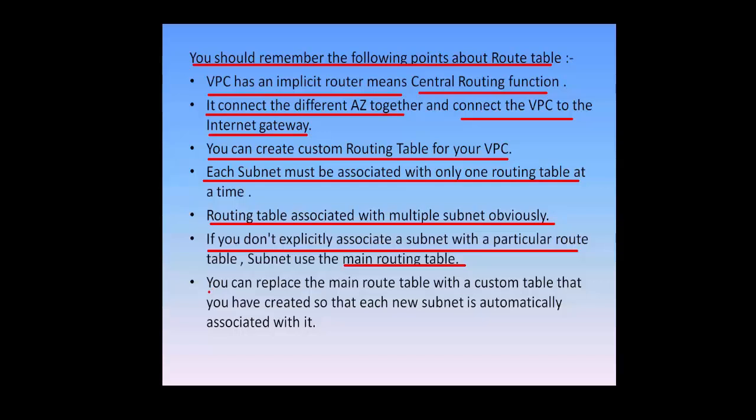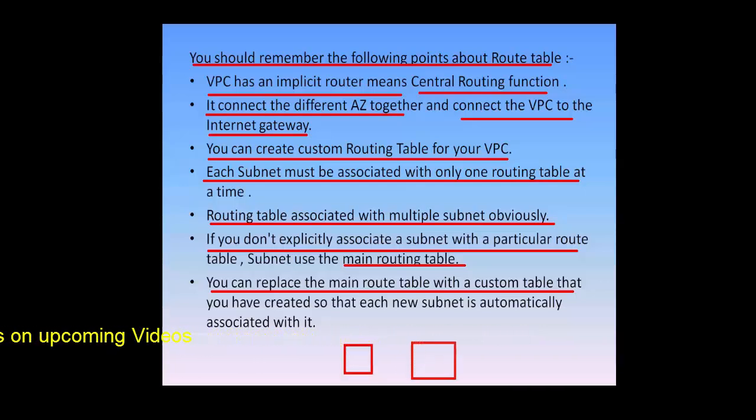By default, there is one route table with the VPC. You can create custom ones after that and then change their roles. One is the main routing table, automatically created. After that you create a custom route table.